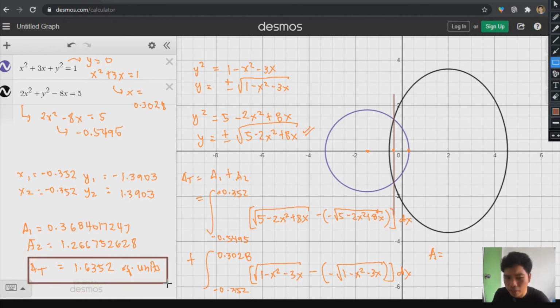So, hopefully nasundan nyo yung nangyayari dito, no? Kung kailan ba tayo nag-a-add ng areas, kung kailan isa lang yung area natin. Basta you just have to rely on the strips natin. Siya yung magsasabi sa inyo kung ilang bang areas yung ating gagamitin. And of course, yung mga symmetry natin, kung kailan negative or positive.